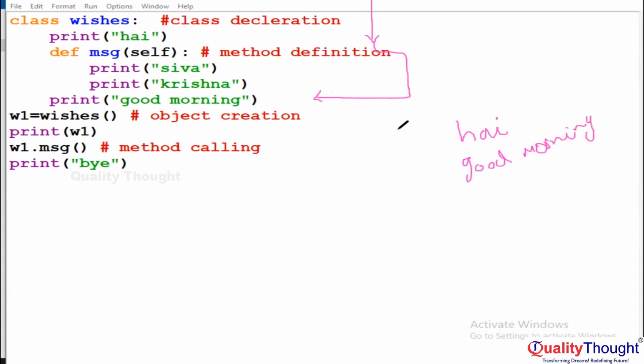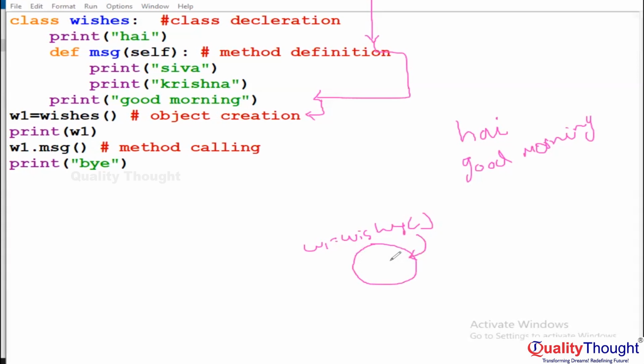Okay. Next one, control will go to this statement. Which statement is this? Object creation. That means in the memory location, one object is created. W1 equal to Vishesh. Whenever we are creating an object, what happens internally?